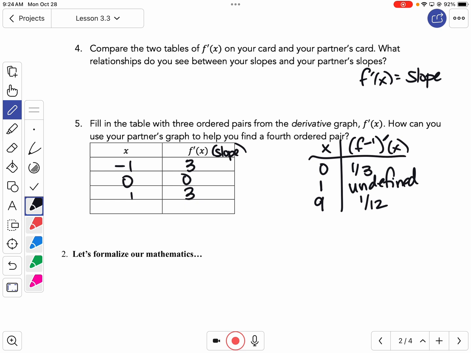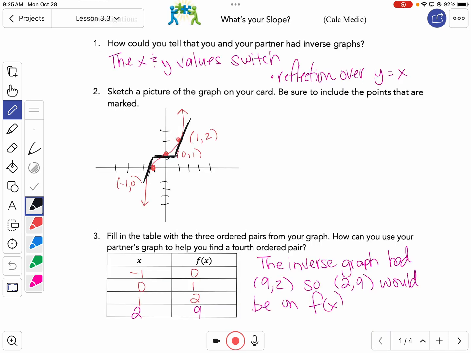Okay, but let's talk about why the values are what they are. Notice the x values between that function and your inverse function. Do they match? Think about your ordered pairs over here. Let's go back and look at them.